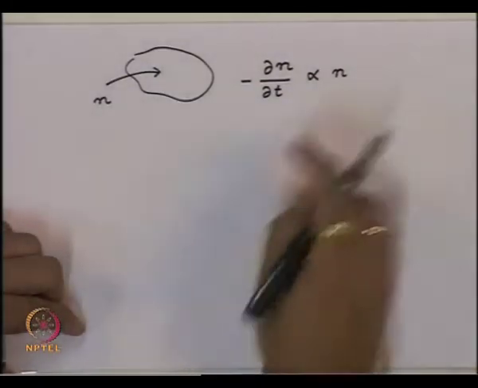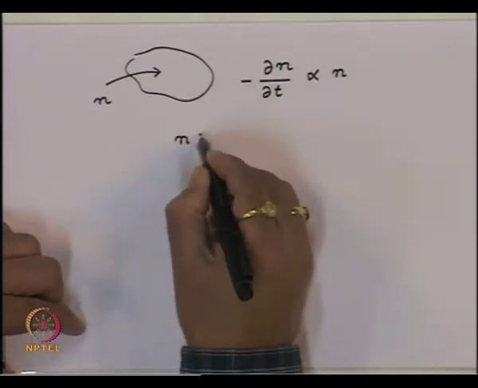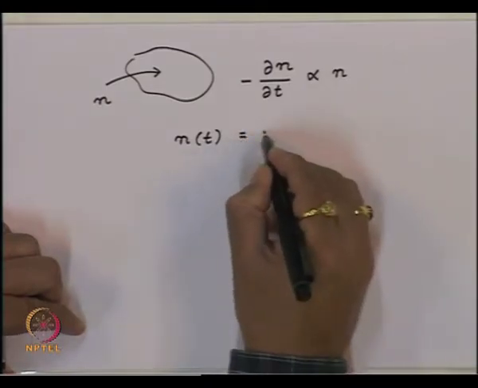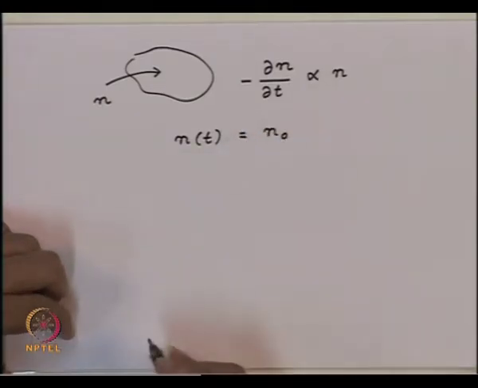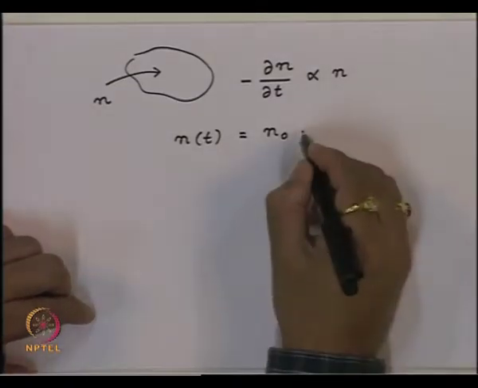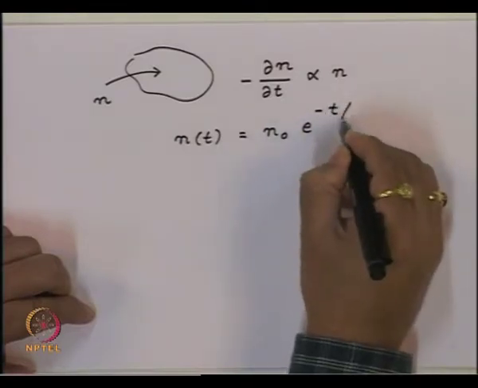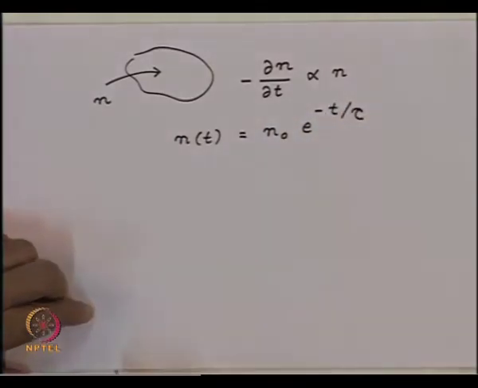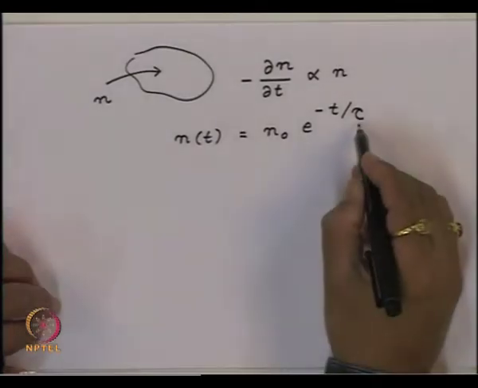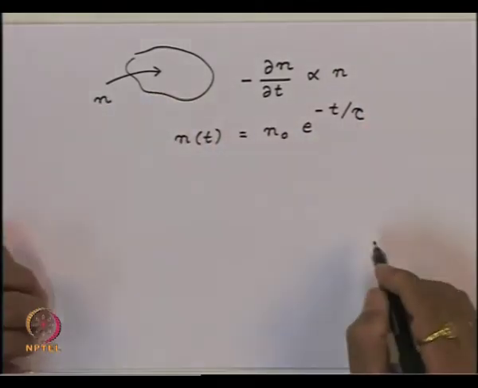Now, this is a very simple equation, we can solve this equation and we get n as a function of time, that will be equal to the initial injected carrier density times e to the power minus t divided by tau, where tau is called the lifetime of this injected carrier against recombination.